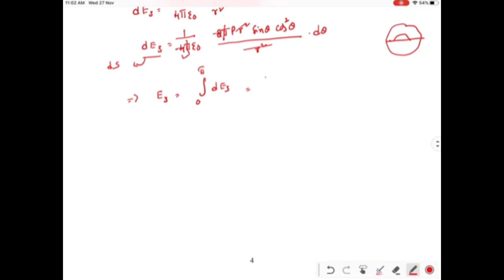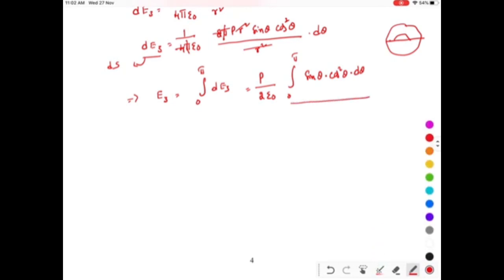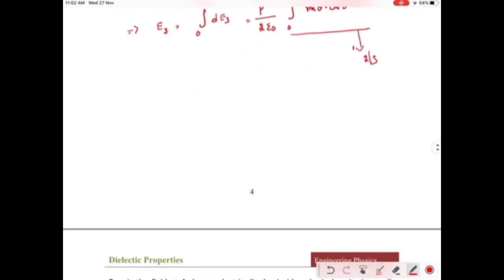The constant which is not required for integration is P by 2 epsilon naught, into the remaining integral from 0 to pi of sin theta cos square theta d theta. Now we have to solve this integration. By solving the integration, we will get 2 by 3.